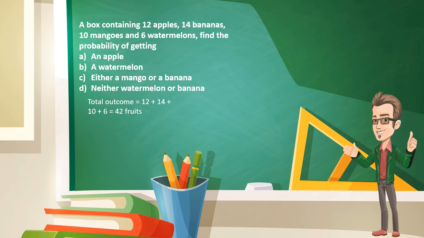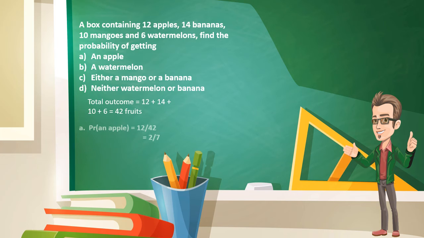Question A says we should find the probability of picking an apple at random. That would be the number of apples, which is the possible outcome, divided by the total, which would give us 12 divided by 42.